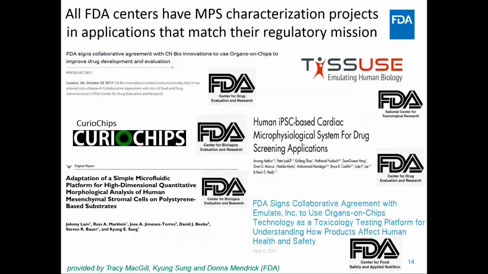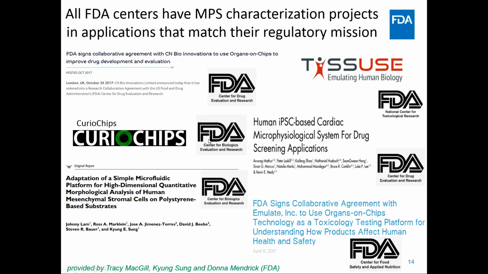This slide basically shows a little bit of all the efforts that are being developed at the FDA in this field. As I've mentioned, in the Center for Drug Evaluation Research, we're evaluating a liver system right now from CN Bioinnovations.